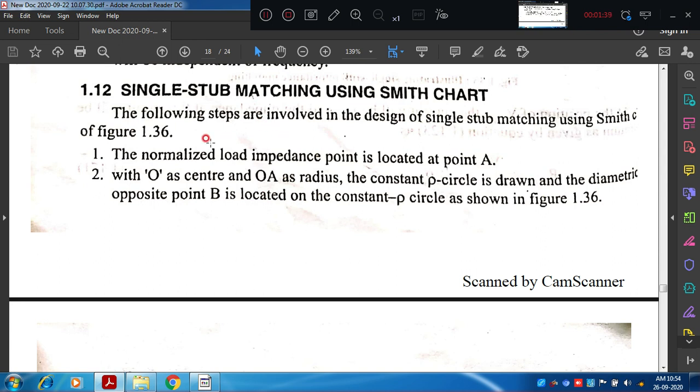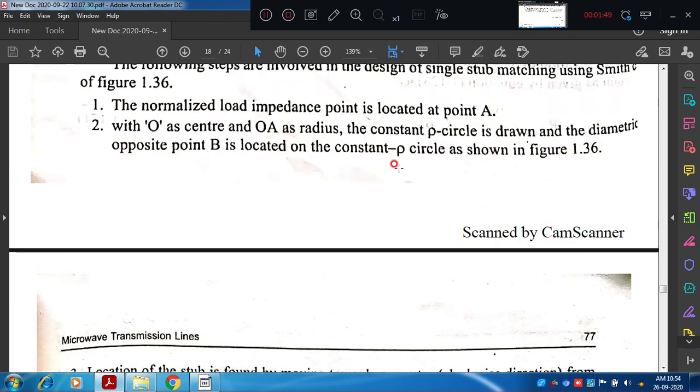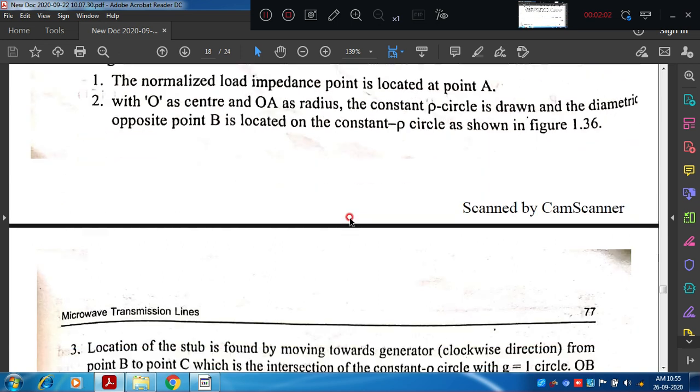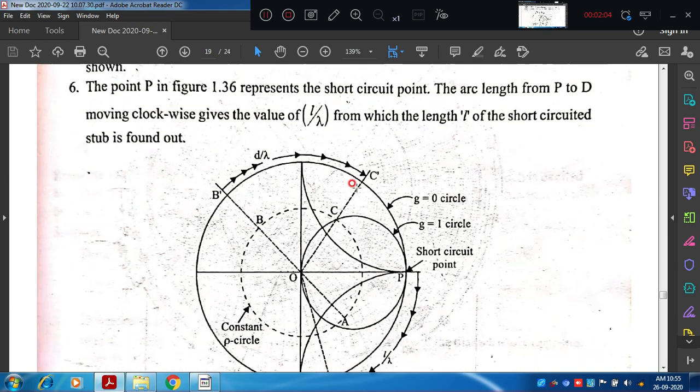First step is that the normalized load impedance should be located in the Smith chart as point A. Here ZL is given, so we need to divide by Z0 to make it normalized. That normalized impedance has to be located in the Smith chart at point A. With OA as radius, you should draw a constant rho circle.